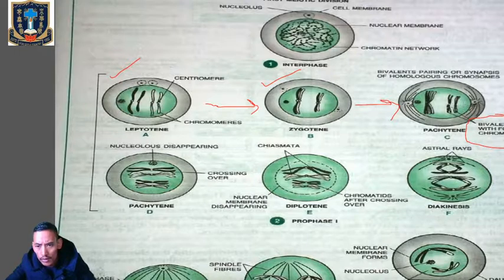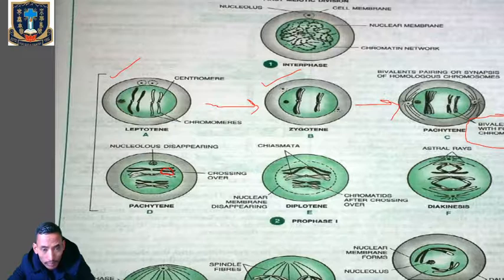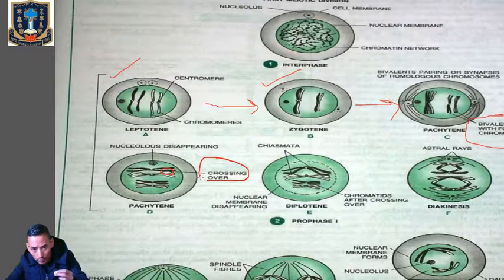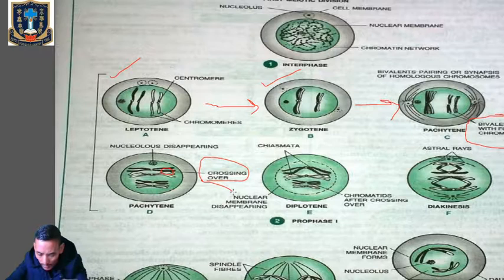So here you can see the tetrad, bivalent with 4 chromatids. Now these 2 particular chromatids are non-sister chromatids. But here you can see this particular point where there will be exchange of genetic material. So here you can see the formation of recombination nodules where the crossing over occurs. Okay, so this is the most important feature of the pachytene stage.